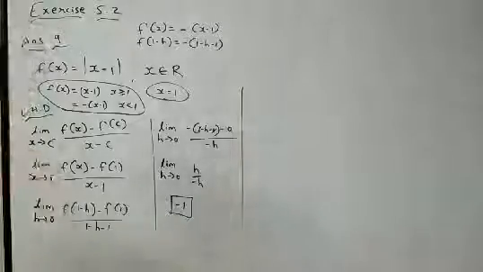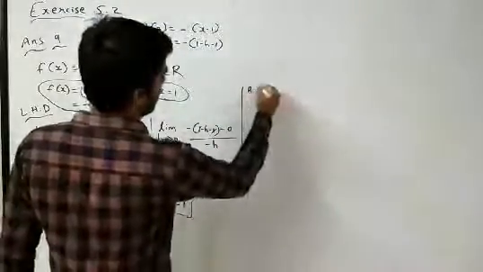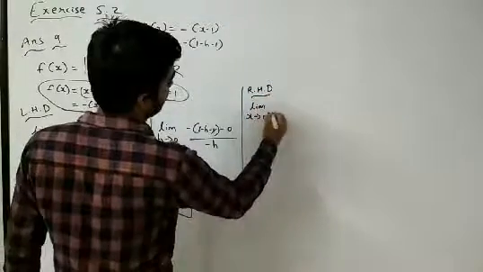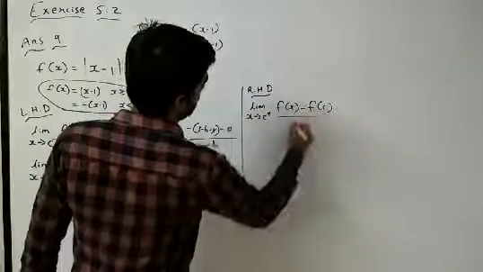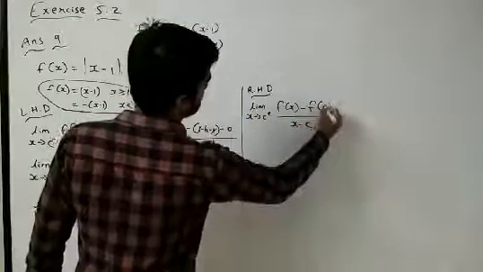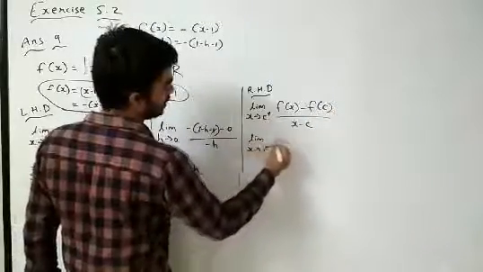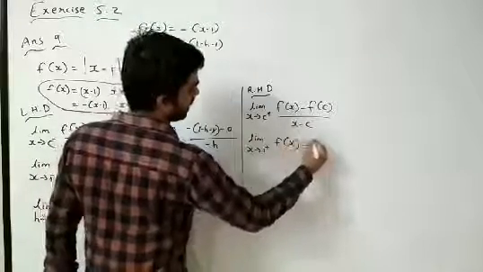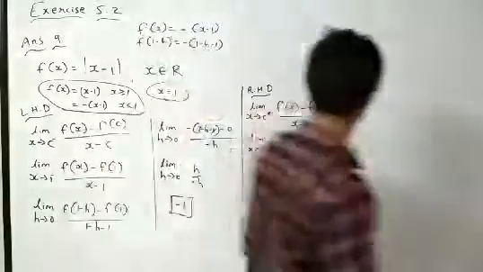Now let us find the right hand derivative. See, it is the right hand derivative: limit x tends to c positive of f of x minus f of c by x minus c. Now limit x tends to 1 positive of f of x minus f of 1 by x minus 1.